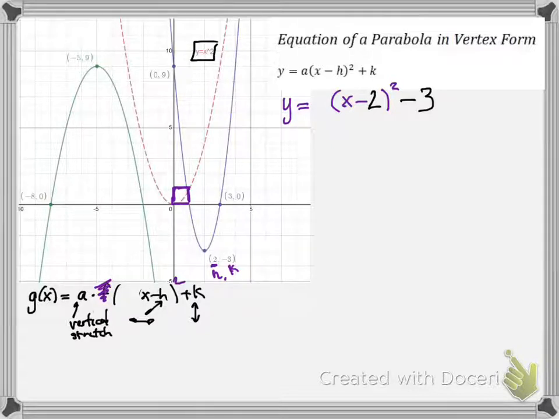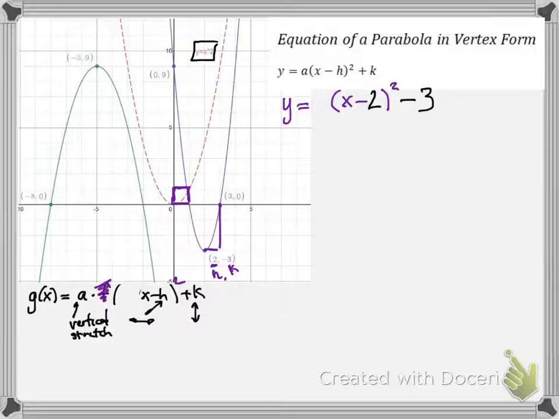It's normally 1, 1, but in this case, I'm going right 1. And remember how I said we were leaving out the b value? Because the ones we're going to be looking at will always go right 1 and up 3. That's the difference between what we just did with the h and k. h and k was how far did it go from 0, 0 to the new vertex.